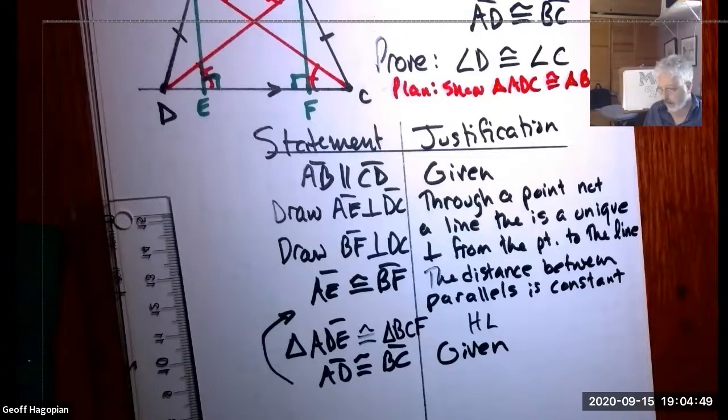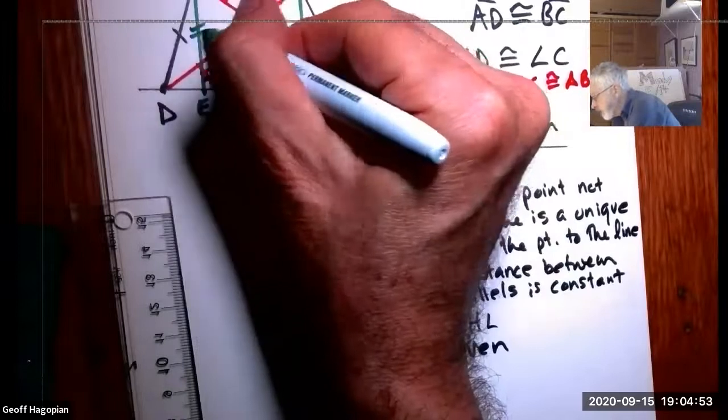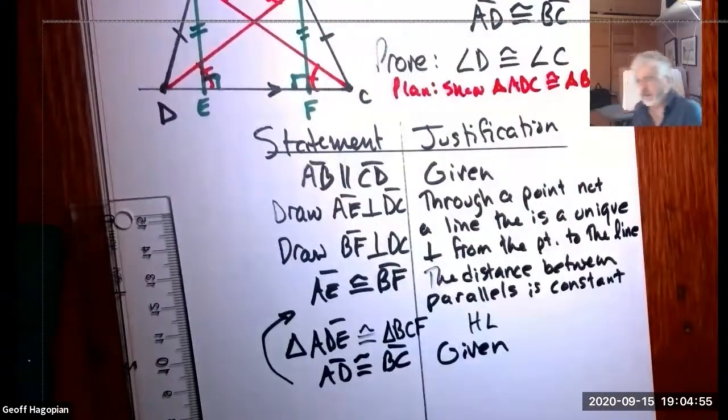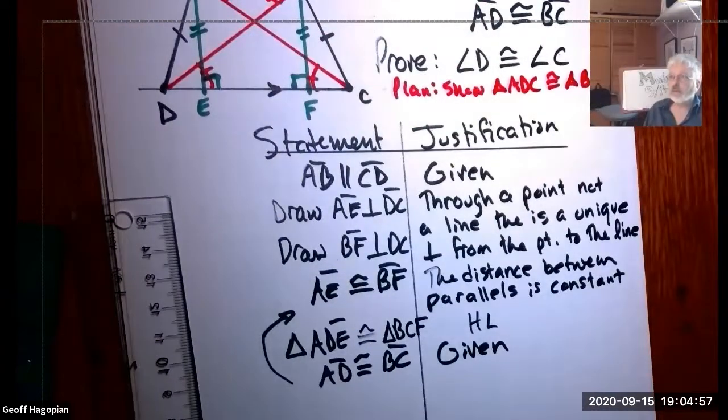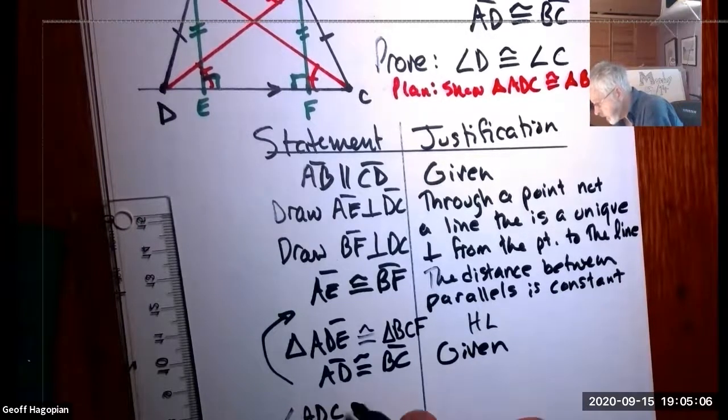And shall we write that on the diagram? Make a couple of strokes here and a couple of strokes there to illustrate that those are congruent. And then I can say that angle ADC is congruent to angle BCD.